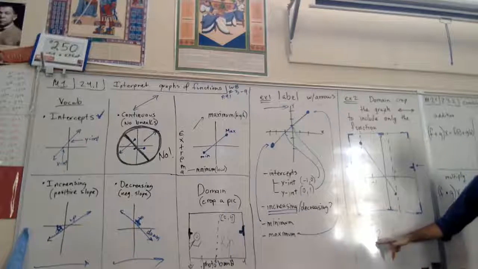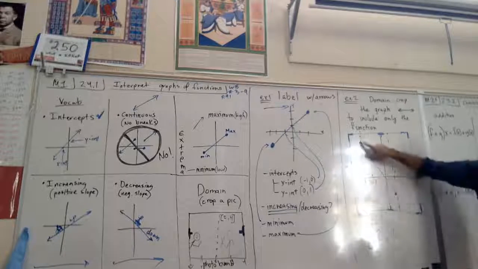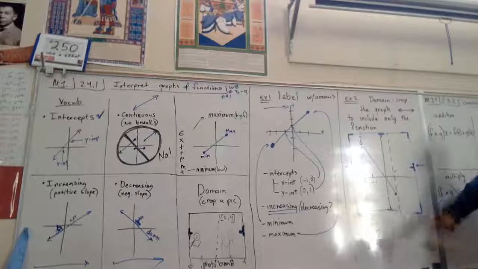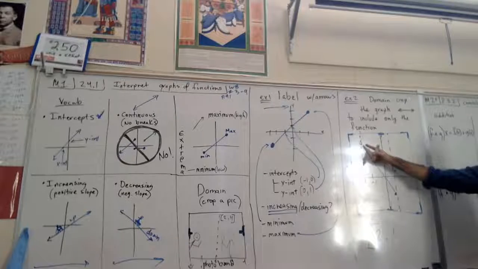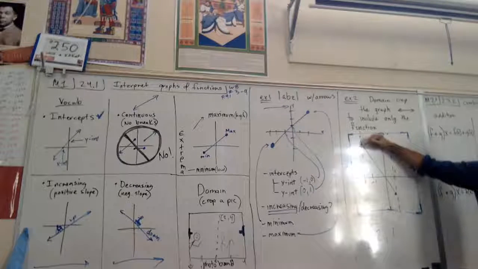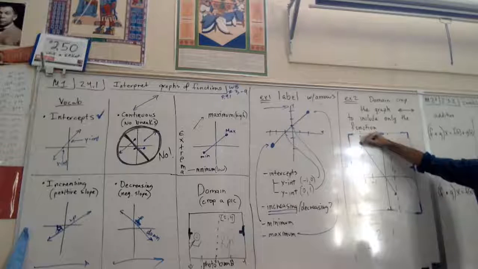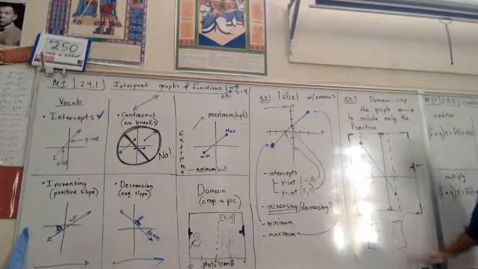Hard brackets, because it says that negative 2 is a part of the domain. Negative 2 could be where the function is located. Again, if it was an open dot, it'd be a soft bracket. An open dot, remember, says that that point is not a part of the function. It goes up to that point and then doesn't quite get there. So we're going to do hard brackets around them.